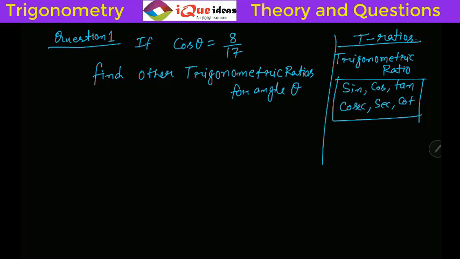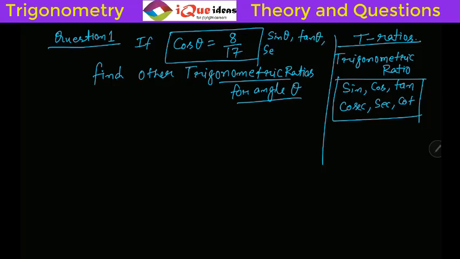Right? So for angle theta, one of the trigonometric ratios, that is cos theta, is given. Find all the other trigonometric ratios for theta. That means we need to find sine theta, tan theta, sec theta, cosec theta, as well as cot theta.